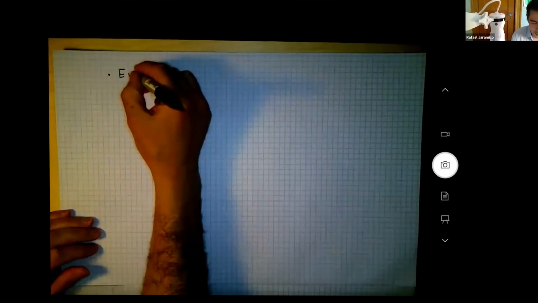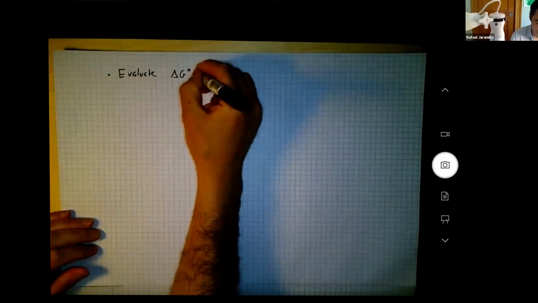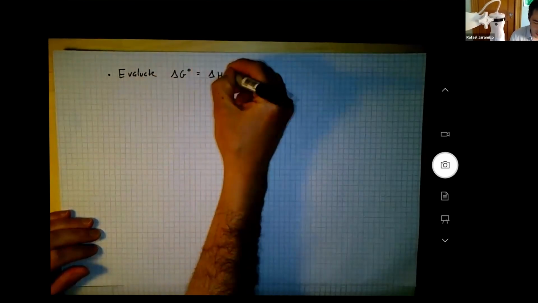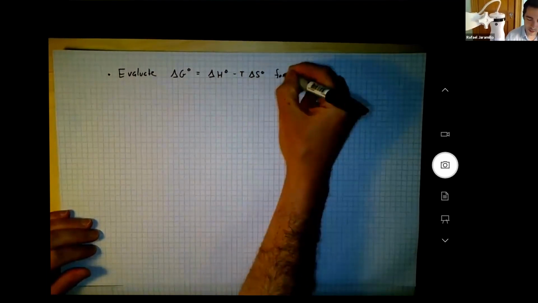All right, so we have this really simple expression for the equilibrium constant, and now we want to evaluate delta G naught equals delta H naught minus T delta S naught for metal oxidation.